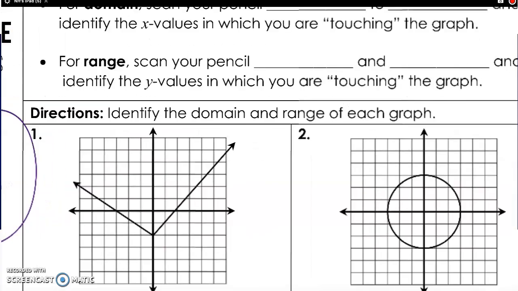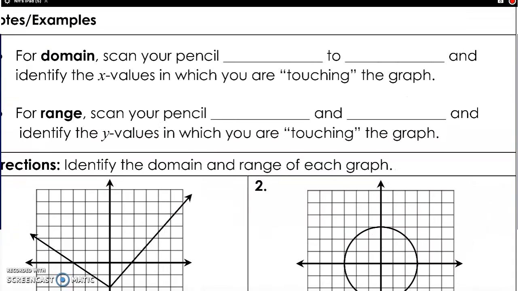When you look at your domain, since it's your X, you're going to scan your pencil from left to right to think about what numbers can I be doing on the X-axis, or along the X, which is left and right. For the range, you're going to go down.